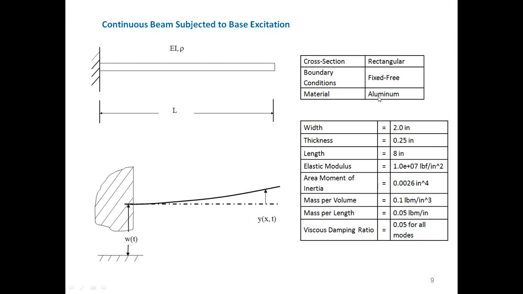So we've got material aluminum, 2 inches wide, 1/4 inch thick, 8 inches long, elastic modulus, area moment of inertia, mass per volume, mass per length. Viscous damping ratio 0.05 for all modes, or you could say 5%, or equivalently the amplification factor Q is equal to 10 for all modes.